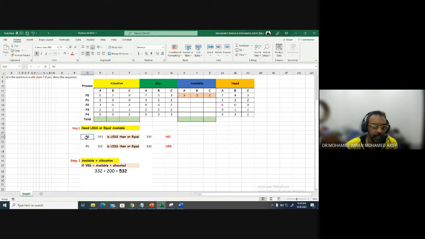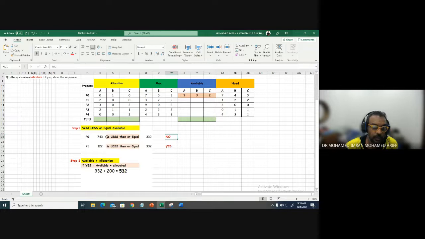Okay, P0, what is the need? The need is 743, sorry. Is it less than or equal to 332? No, tak ada.